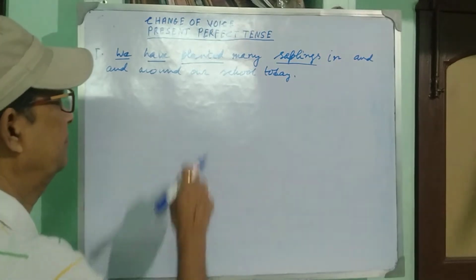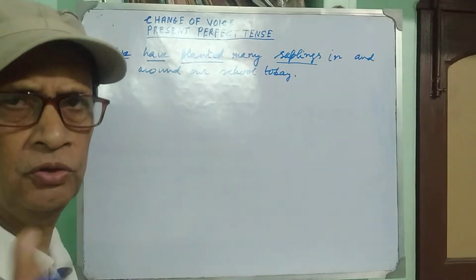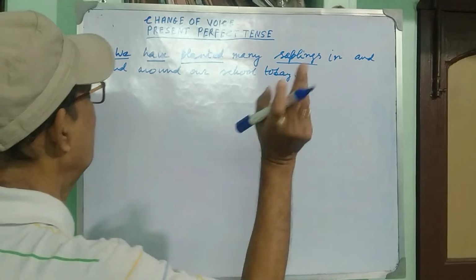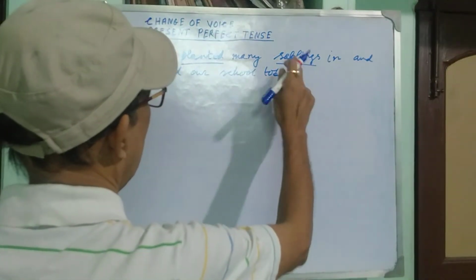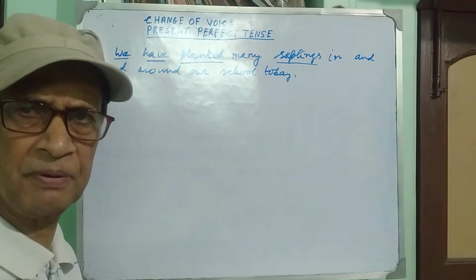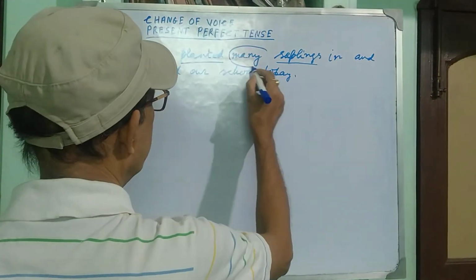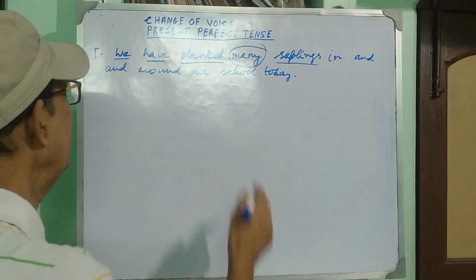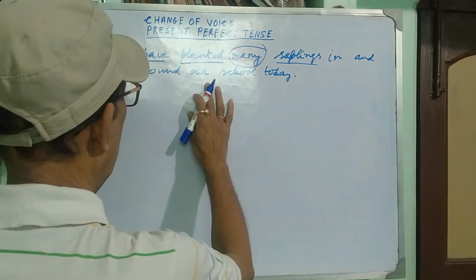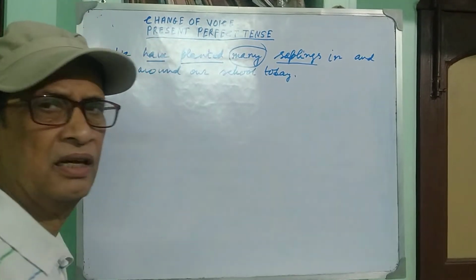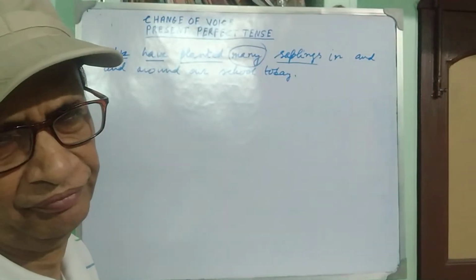Ask the finite verb, by what or whom. What have they planted? And the answer is saplings. Naturally, saplings is object and many is determiner. In and around our school today, this is an adverbial.